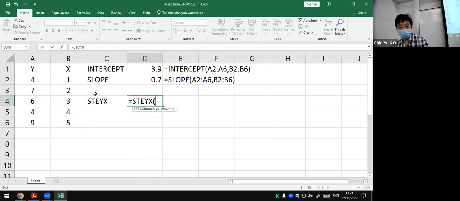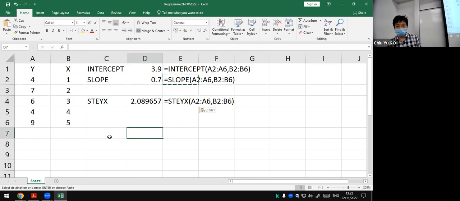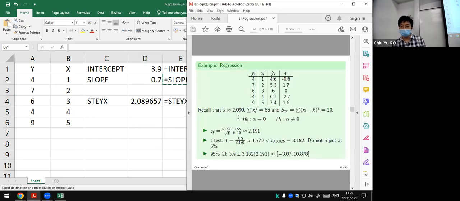Okay, standard error is you put the Y and put X. Okay, this is 2.8. Okay, and this X should be the same as what we found out here, right? This is the S. Okay, so that makes our life easier, right?